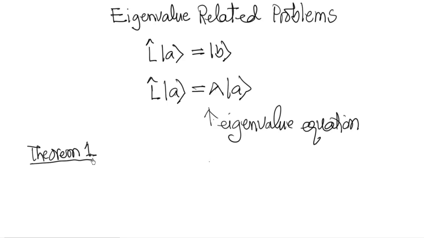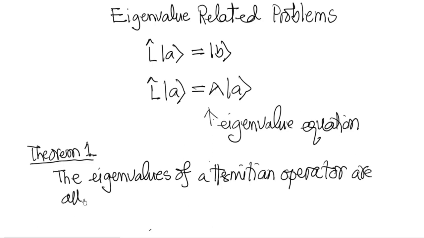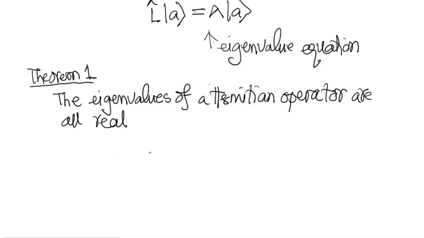The eigenvalues of a Hermitian operator are all real. Okay, we are now going to prove this.